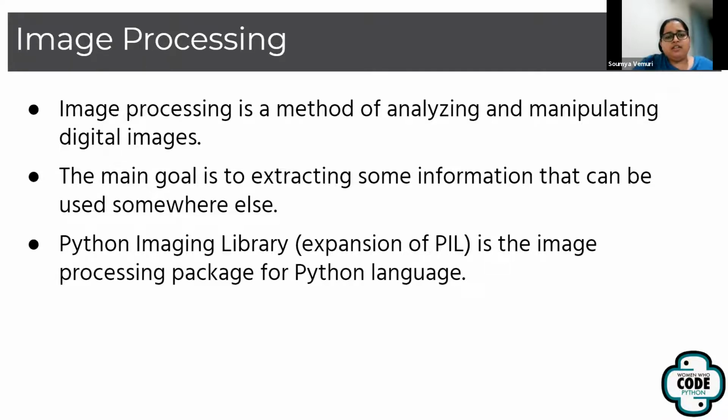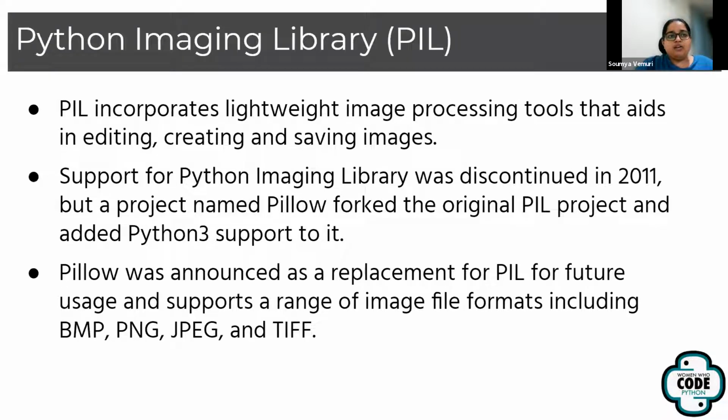The Python Imaging Library, the expansion of PIL, is the image preprocessing package for the Python language. PIL incorporates lightweight image preprocessing tools that help us out in editing, creating, and saving images.